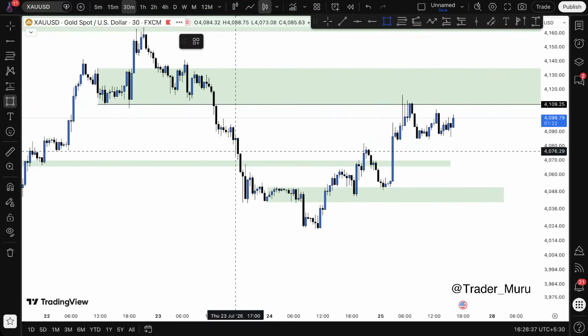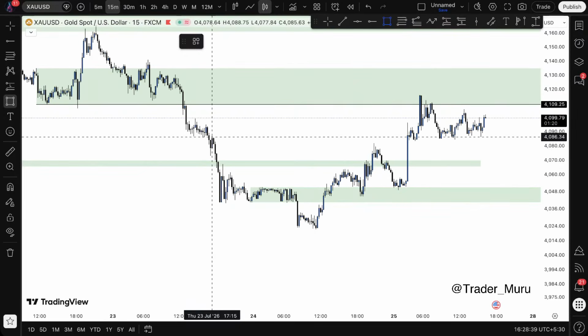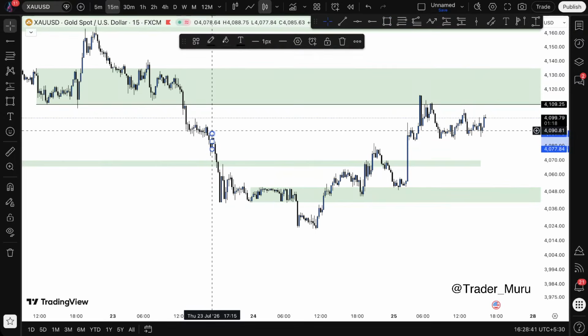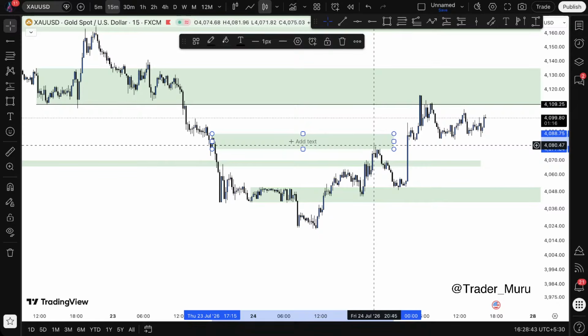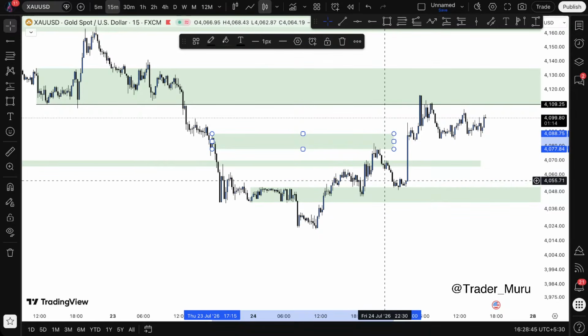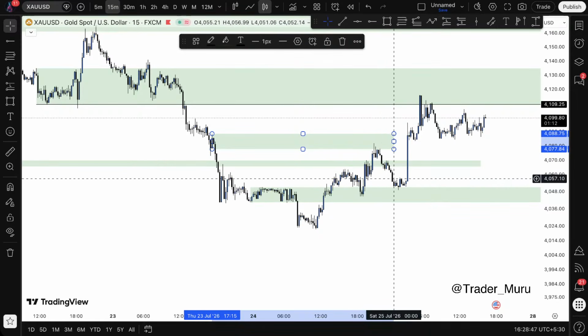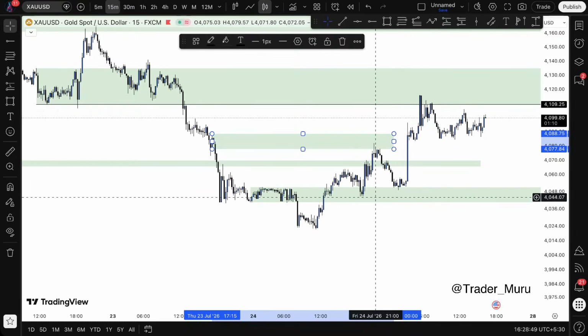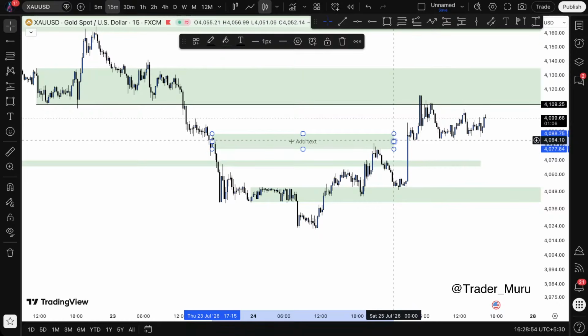From here we were short for the target of 55. It was hit, and from here we were bullish and our stop loss was just below this area. This target is also done.